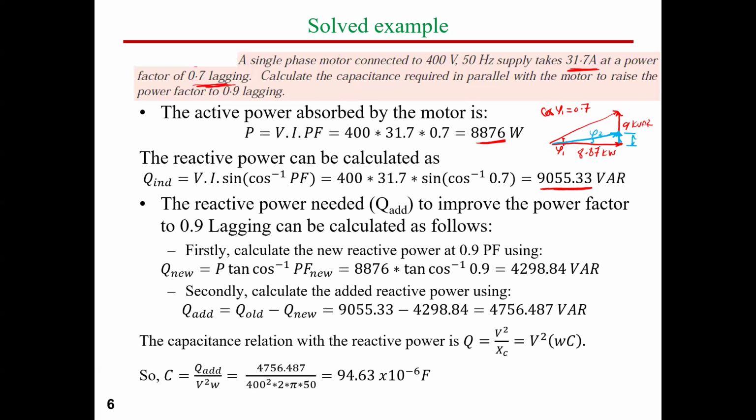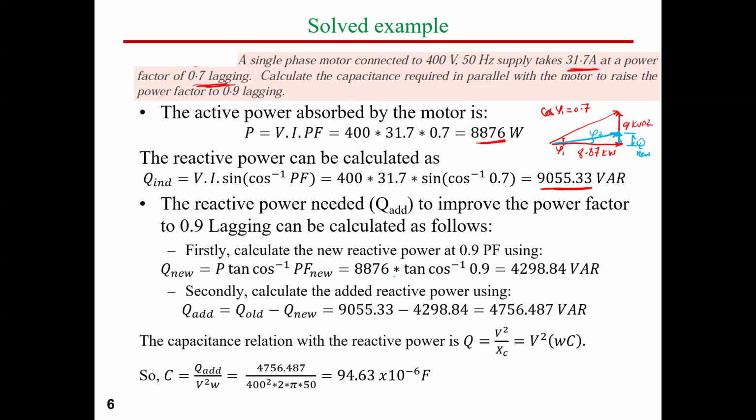So you have now the power factor of the new case. What is Q new? Q new equals P tan angle. P is the same, tan of this new angle equals Q new. So it's P, the same amount of power, times tan of cosine inverse of the new power factor.